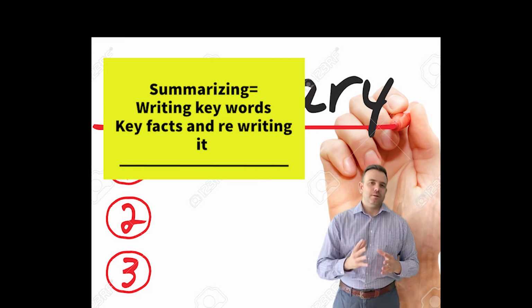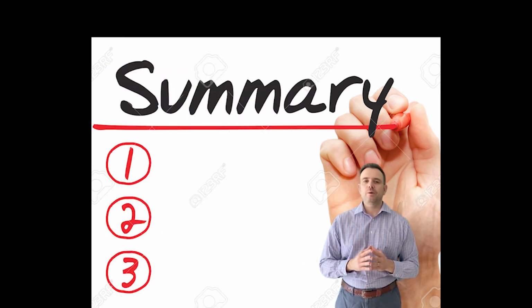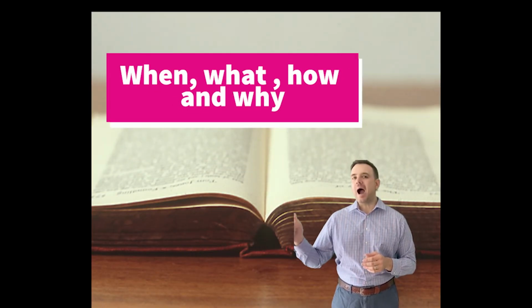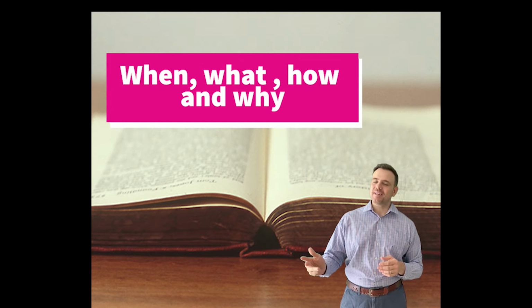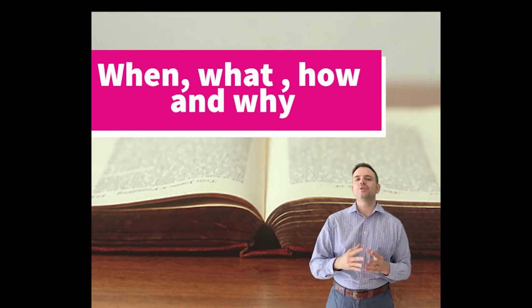Now, key things to remember here, when you make your summary, you may want to think about when, what, how, and why. Think about these words. These words can help you make your summary. Okay. When you make your summary, don't forget your paragraph structure.